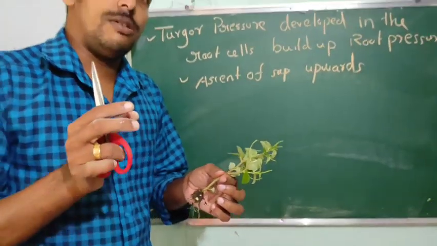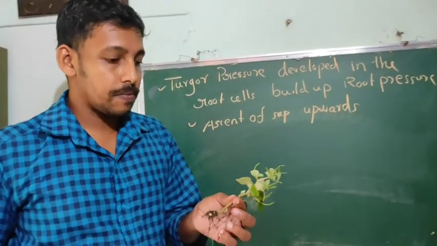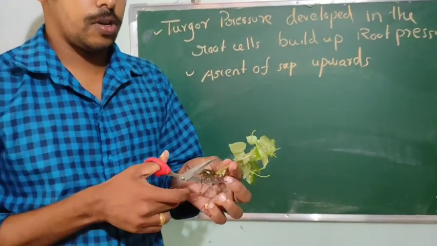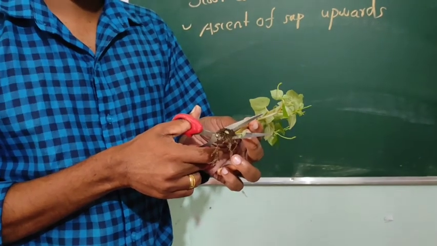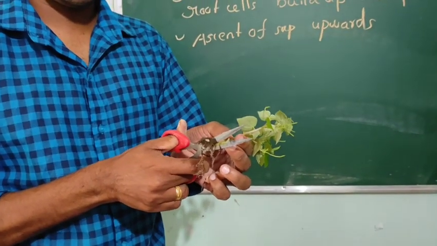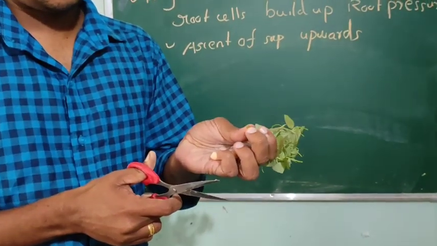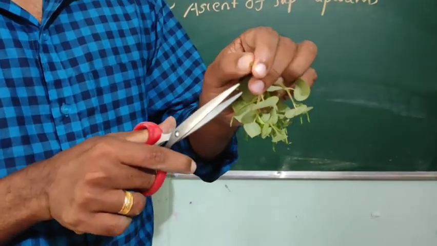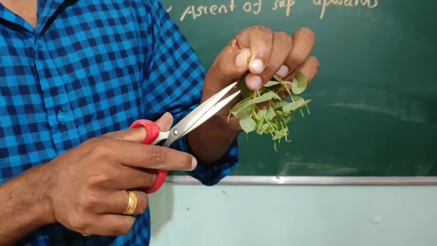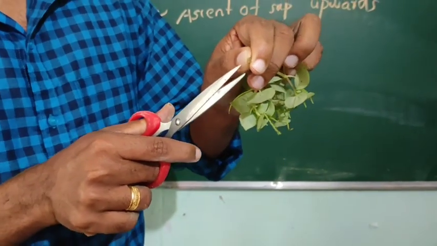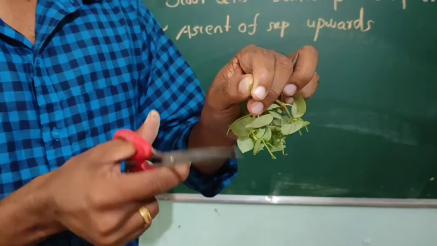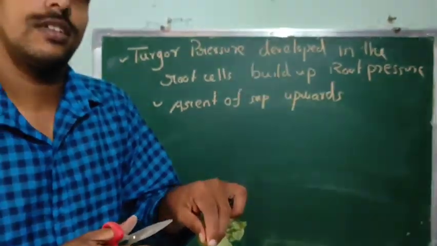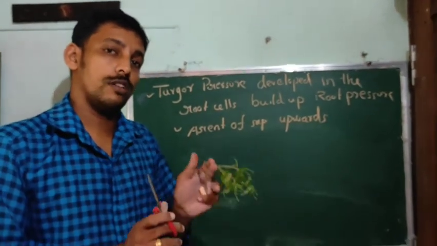The water will immediately come out from the cut portion. There is continuous inflow, and this water appears out of the cut part. It is just due to the root pressure.